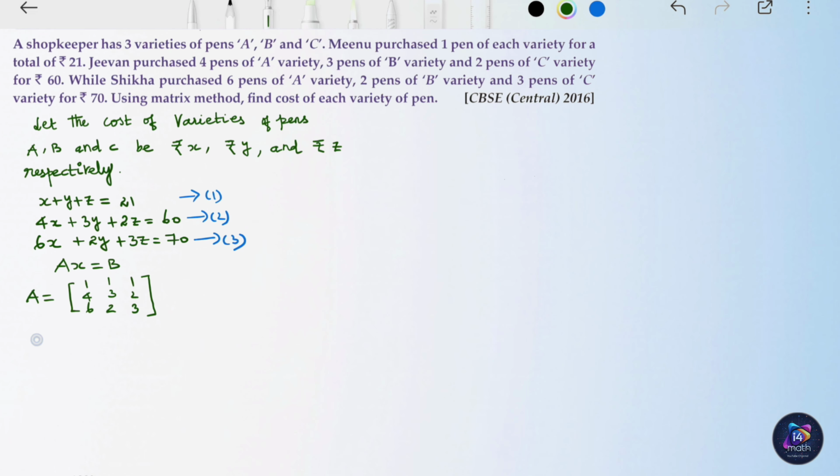Then X matrix is X, Y, Z. And then B matrix, it's a constant matrix: 21, 60, and 70.